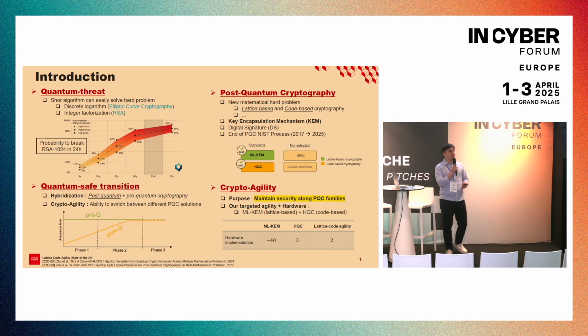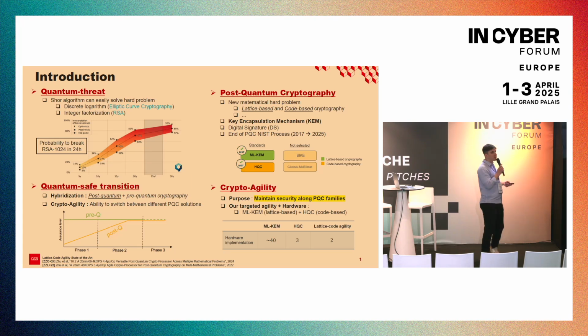Crypto agility means proposing applications taking into account different post-quantum cryptography families and so different post-quantum algorithms. The idea behind this approach is that nowadays these post-quantum algorithms are not mature enough to be secure and to guarantee our future security. So combining different post-quantum algorithms belonging to different families allows us to maintain and reinforce our future security.